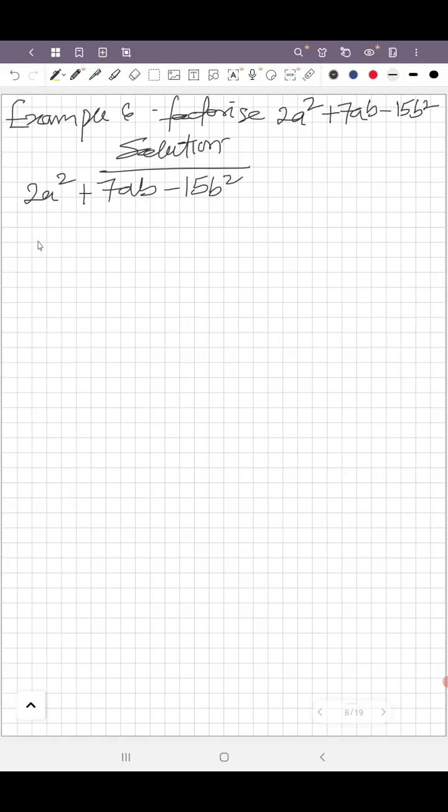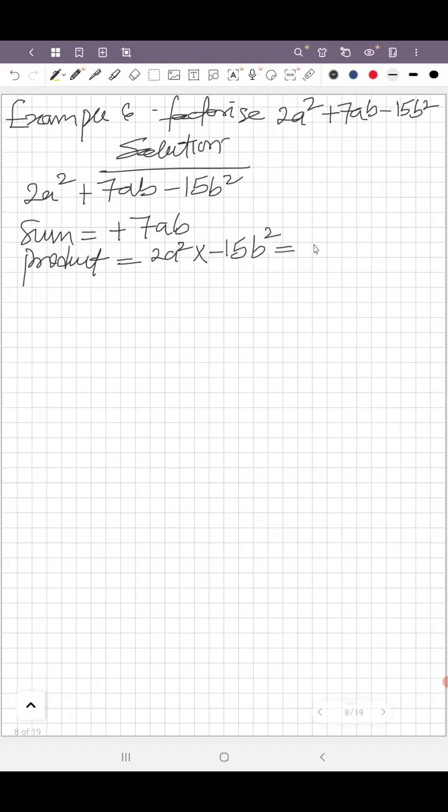Now, you have to follow the same procedure. The sum is plus 7ab. The product is 2a squared multiplied by minus 15b squared, which will give you minus 30a squared b squared. So let's use the same expression method to solve this.